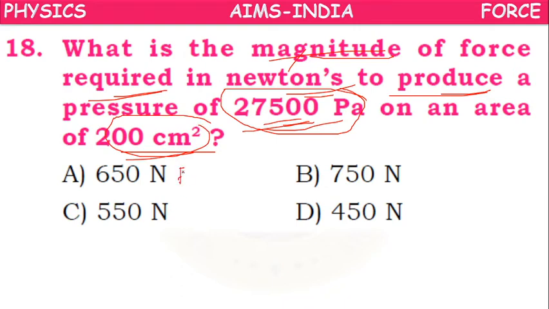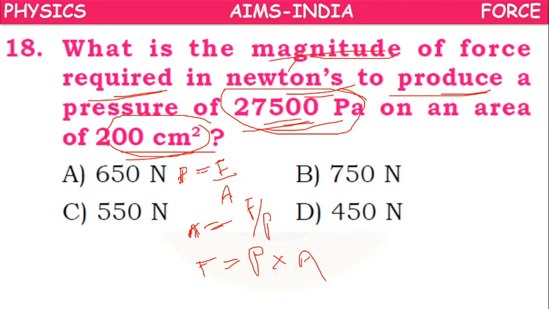We know that pressure equals force by area. So area equals force by pressure. Or if you want force, the area goes to the left hand side: force equals pressure into area. So force is a product of pressure and area.